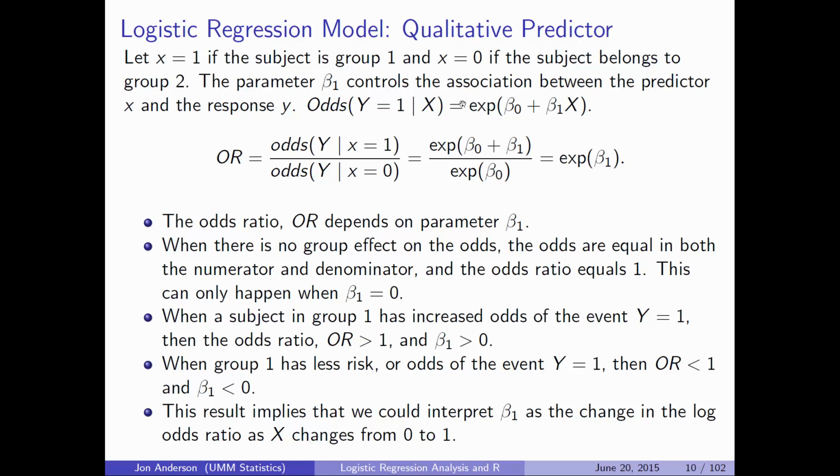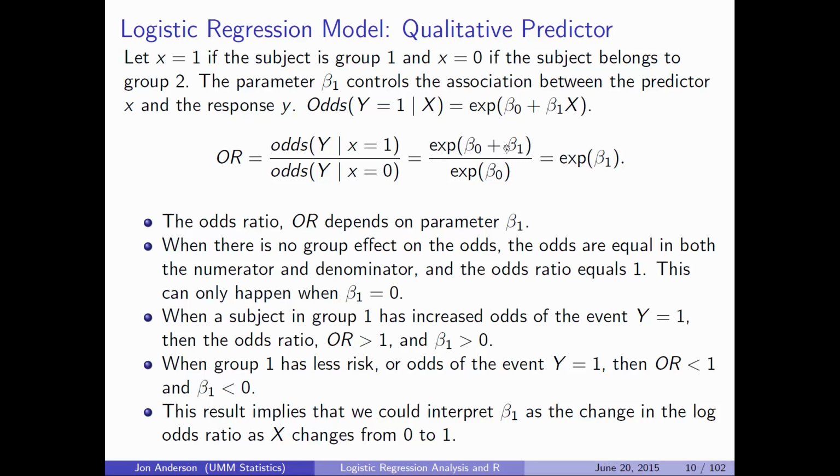And remember that the logistic regression model is specified through these odds right here, and so we have e to the beta naught plus beta 1 times x, and we plug that in for the value of x equals 1, and so we will have e to the beta naught plus beta 1 times 1, and that's where this numerator came from.